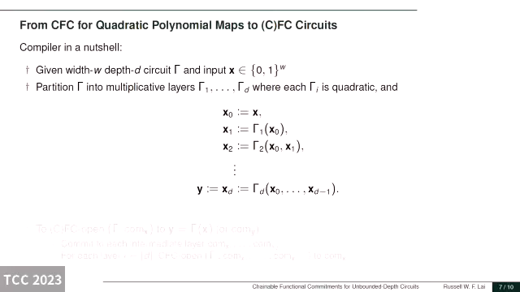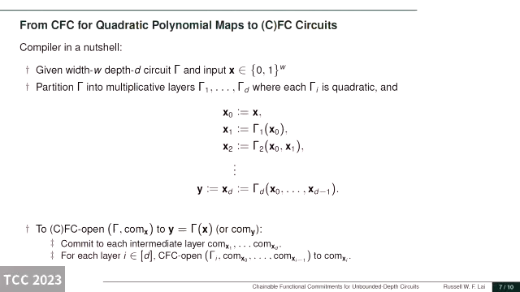And we can compute the values of the intermediate layers as follows. First we set the input layer x0 to be just the input x, and we compute x1 to be gamma 1 of x0, x2 to be gamma 2 of x0, x1, and so on and so forth, until we reach the output y, which is xd, which is gamma d of x0 to x(d-1).